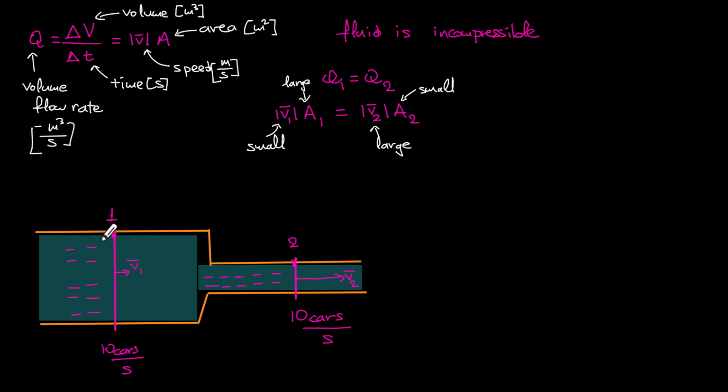If you want a specific amount of fluid to pass through 1, because the diameter, the area, is so large, the fluid will be moving slowly. But if you have a small cross-sectional area and you want the same amount of fluid to pass through this point in 1 second, the fluid here needs to be moving fast.